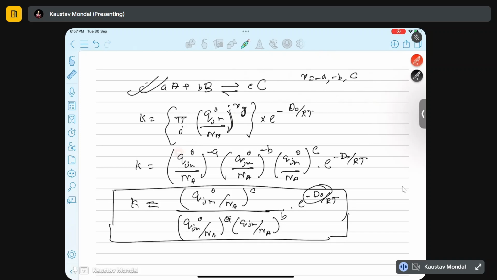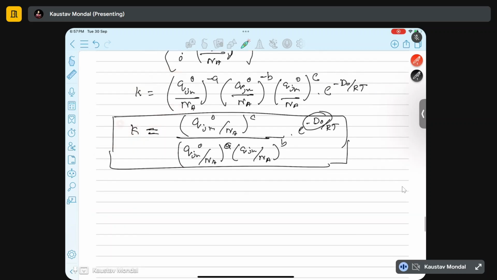So we put all the exponents on top of these partition functions, and we put the change in energy, the energy that is created or destroyed during this reaction, which we are taking as D0. So we put this into the expression, and after that we can write the whole equilibrium constant K like this.